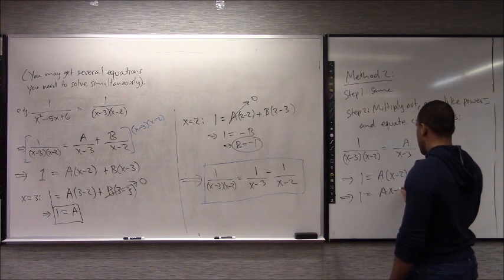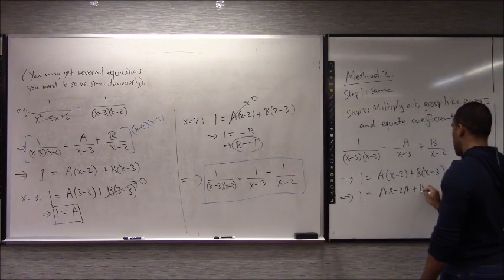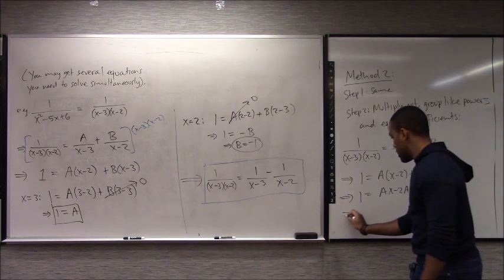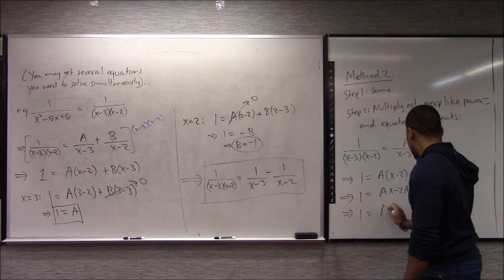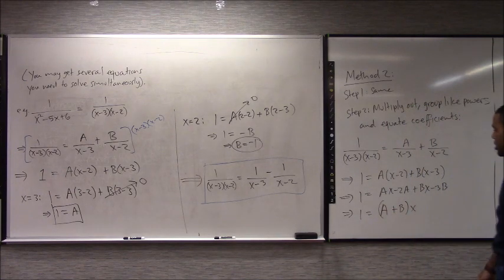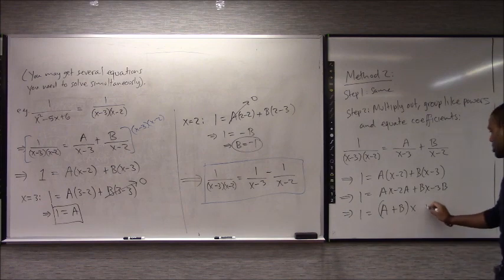This is ax minus 2a plus bx minus 3b. I'm going to group like terms, group like powers. So for the x's, I have a plus b x's. And as for the constants, the 0th powers, I have minus 2a minus 3b.